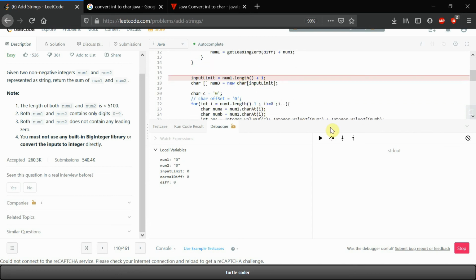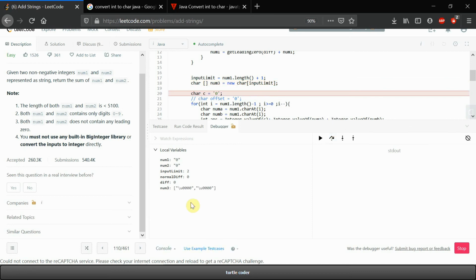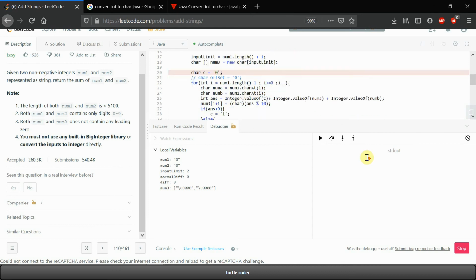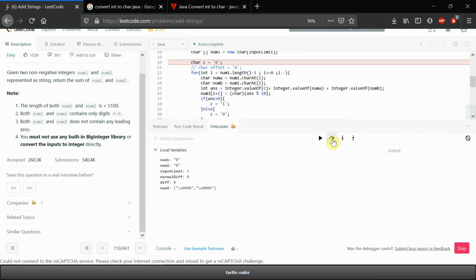So what do we do over here? My input limit gets to 2, and I have a character num3 array, which has undefined things. Okay, good. Now character is 0. Okay.